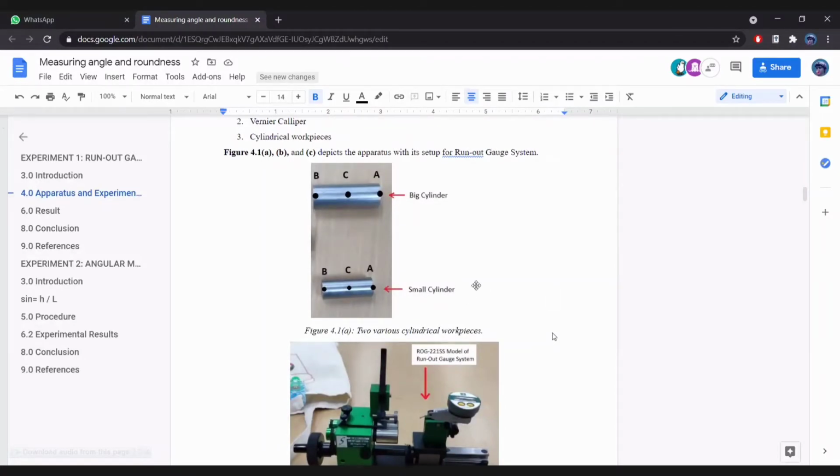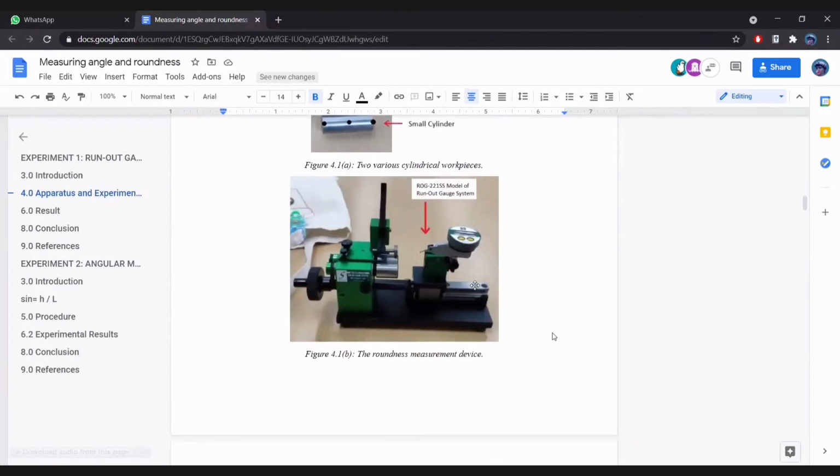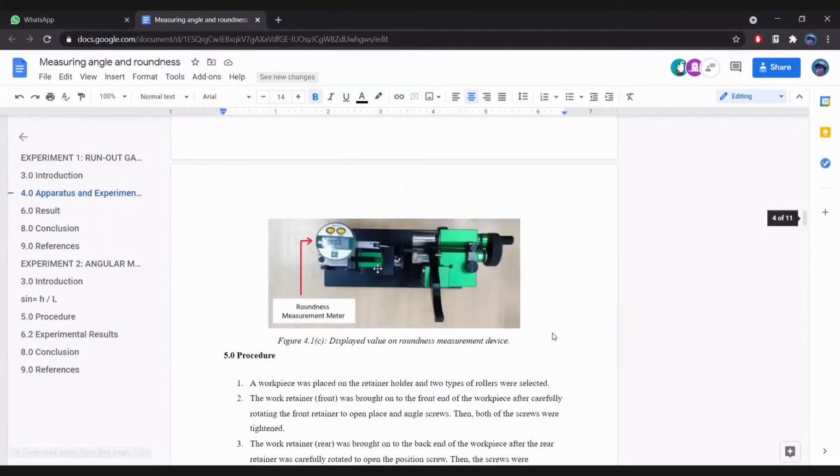For 4.1a, we use two cylindrical workpieces, which consist of the big cylinder as well as the small cylinder. The second picture is the ROG221 SS model of runout gauge system, and the last one is the measurement meter that we use to capture the roundness of the cylinder.